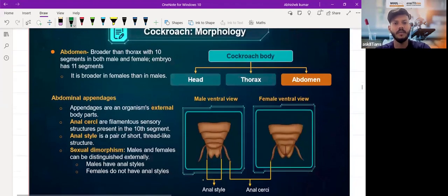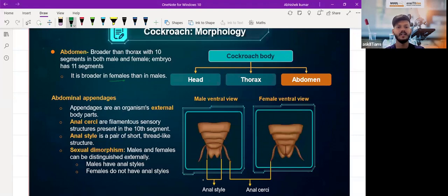The abdomen is broader than the thorax and has 10 segments in both male and female. It is broader in females. This is the structure of the female. Abdominal appendages are the organism's external body parts.